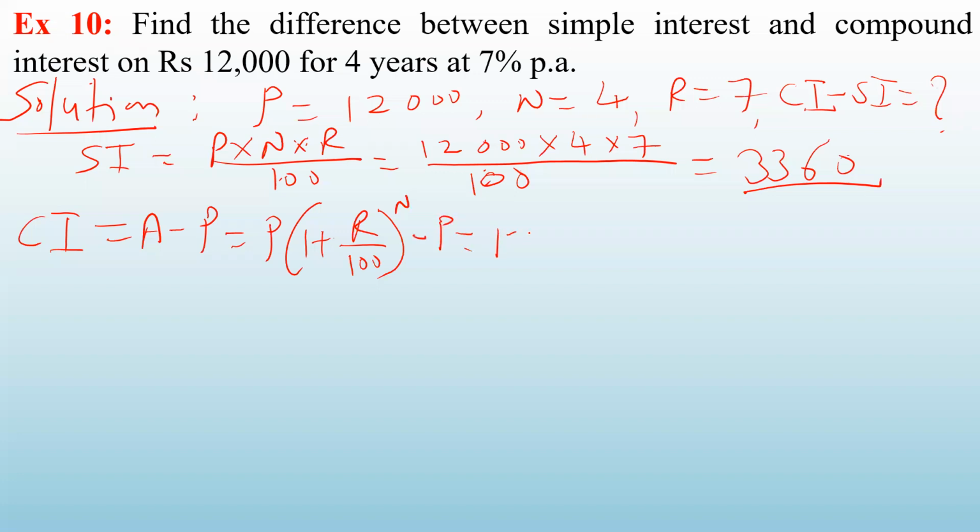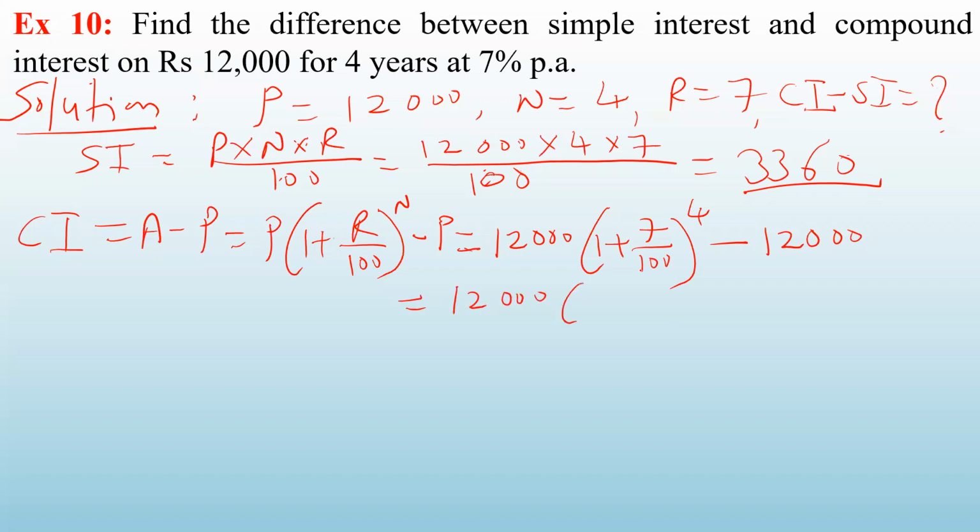It is 12,000. 12,000 into 1 plus R is 7, 7 upon 100 raised to power N. N is 4. And from this amount, you will subtract the principal, that is 12,000. 7 upon 100 is 0.07. So you will get here 1.07 raised to power 4 minus 12,000.